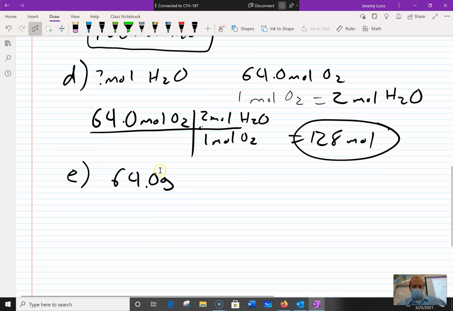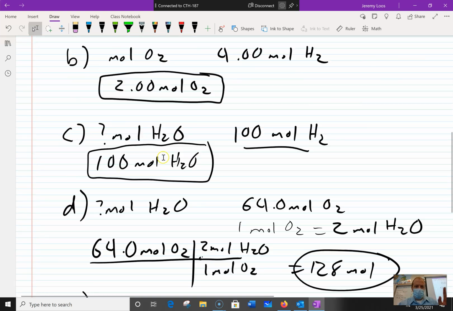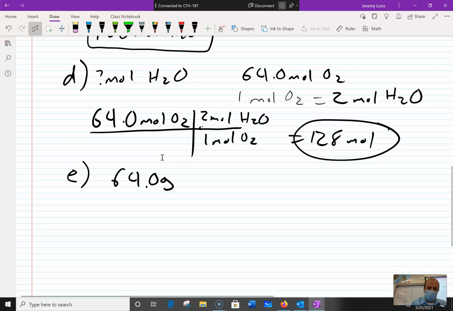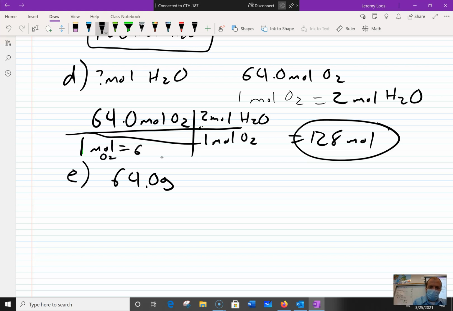So for example, 64 grams. Remember, this is grams of oxygen. I'm going to look at the periodic table, and I'm going to make a conversion factor. I'm going to look at oxygen. 1 mole of oxygen equals 32 grams.